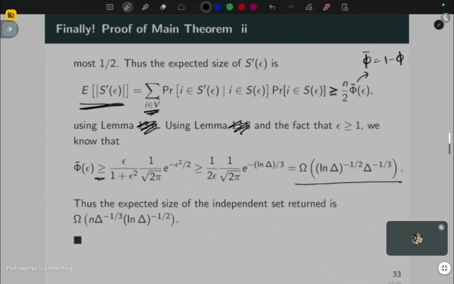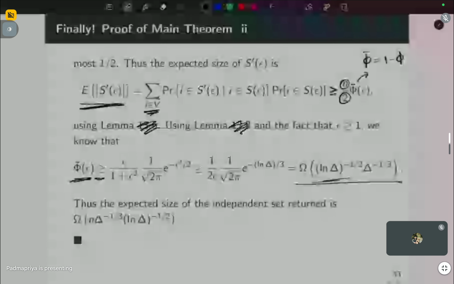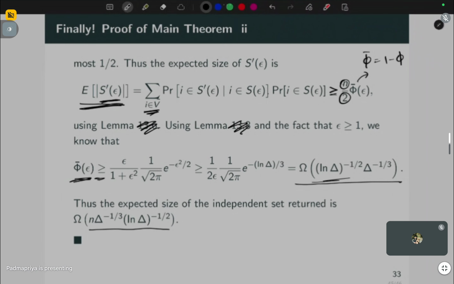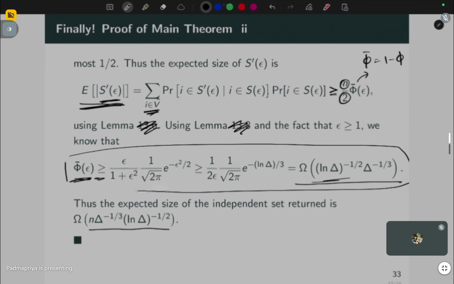So thus on expectation, the size of the independent set returned. This number is not what we need. This number into n by 2, because that's the size of the independent set returned. So this is going to be of order n times delta to the power of minus 1 by 3, ln delta to the power of minus 1 by 2. This part is just arithmetic, so I don't want to go through that.